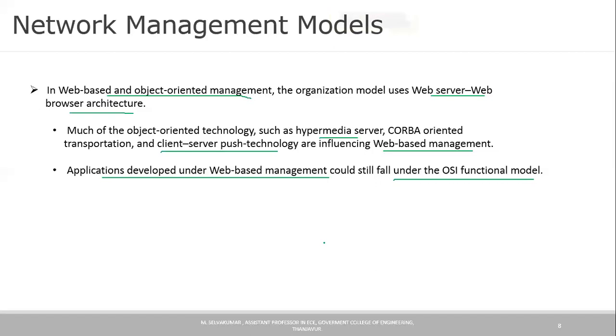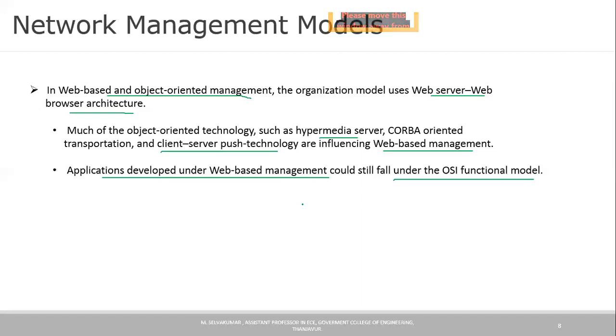Most of the standards are compatible with the OSI model. The organization model, information model, communication model, and functional model of the OSI standard are also applicable to the TMN.